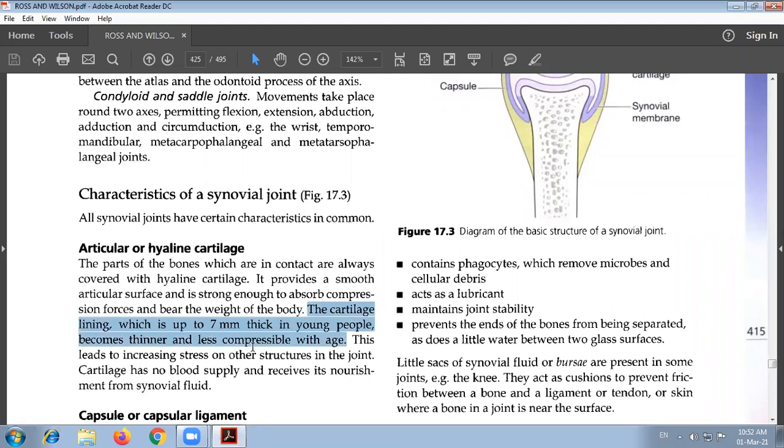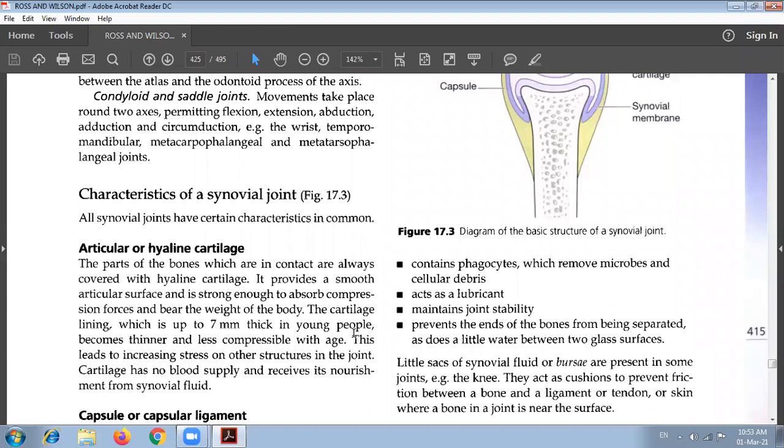In aged persons, you might have observed knee joint pain. That is due to the decreased presence of this cartilage, and the thickness and the pressure bearing capacity of this cartilage decrease. Due to that the bones get closer and cause friction, and this causes pain in that region, and we are unable to walk or stand up properly.